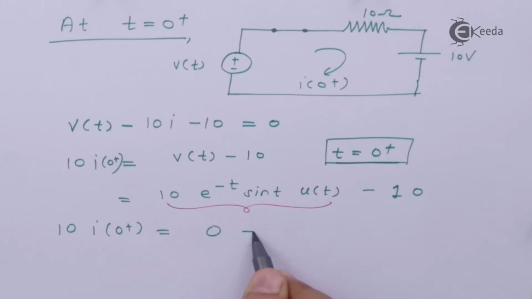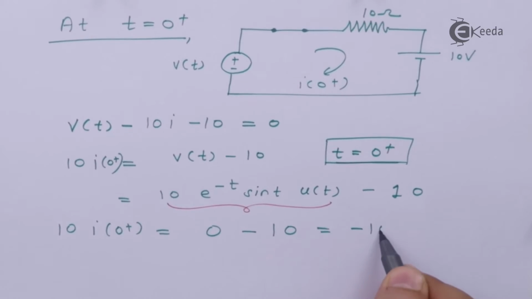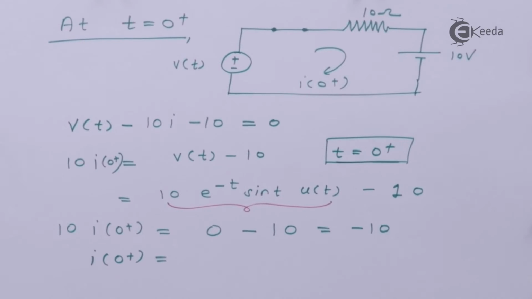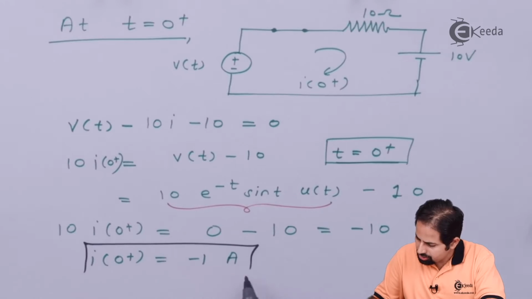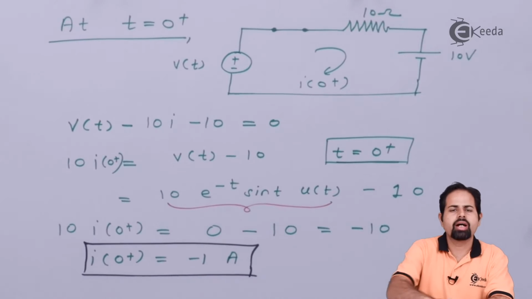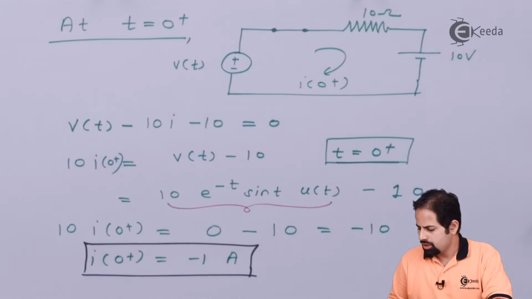So 0 minus 10, or it is minus 10, and so I of 0 plus will come as minus 1 ampere. So this is the only important part, which is different. The rest of the part will be the same.